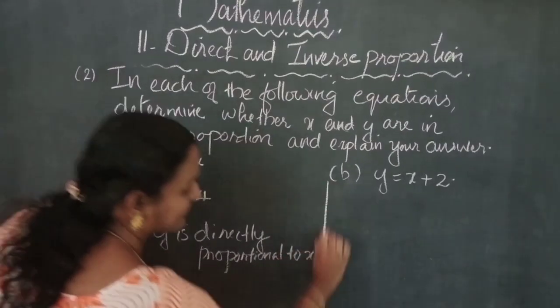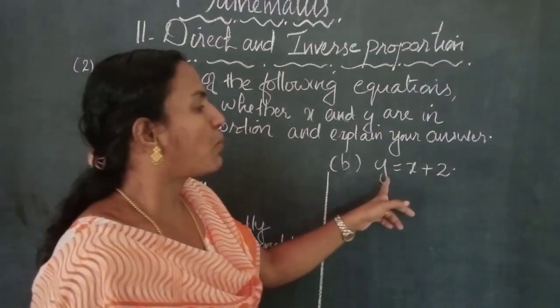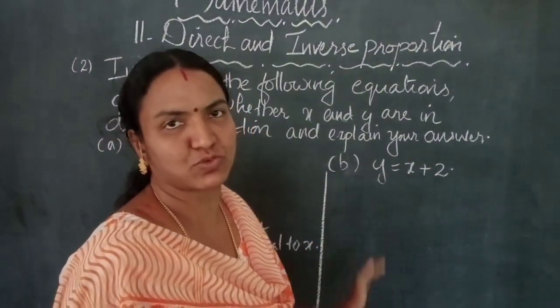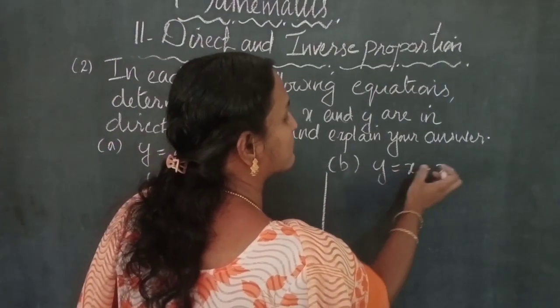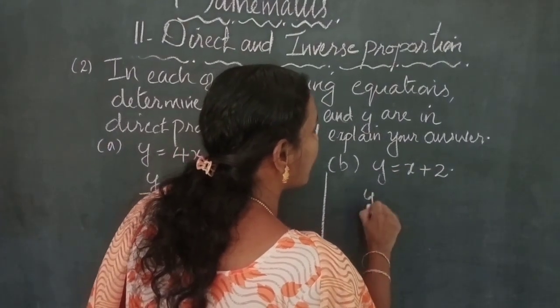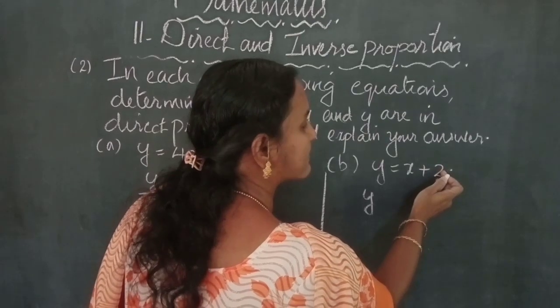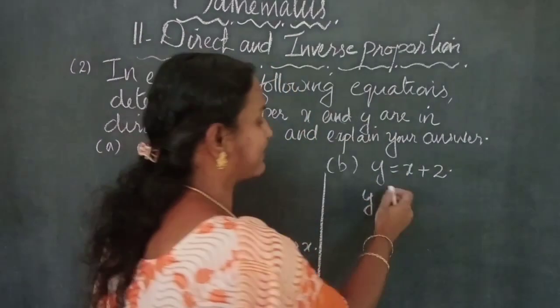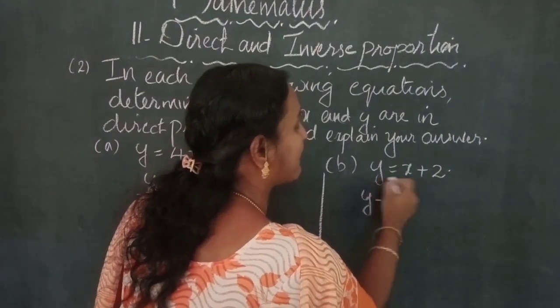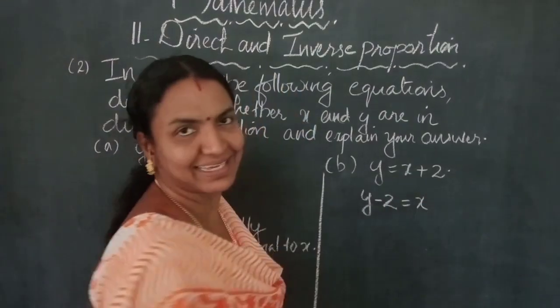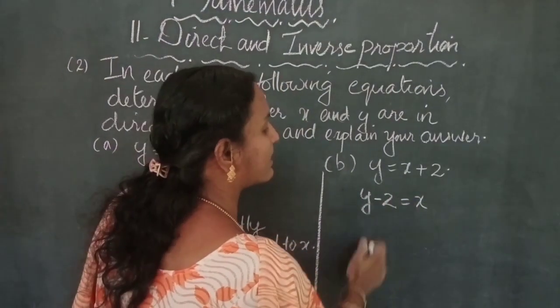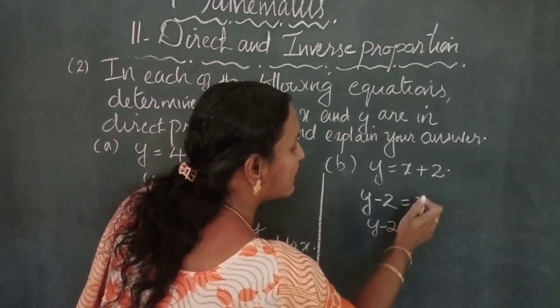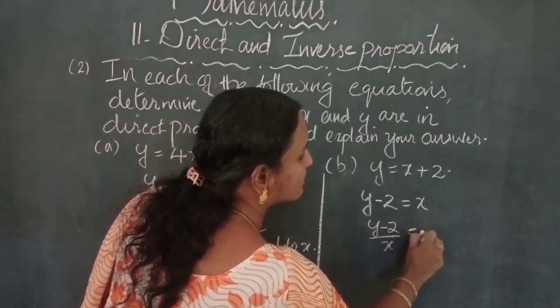And option B, y is equal to x plus 2. Y is equal to x plus 2 means, take the plus 2 to the LHS, so minus 2. So y minus 2 is equal to x. Y minus 2 is equal to x means y minus 2 divided by x is equal to 1.